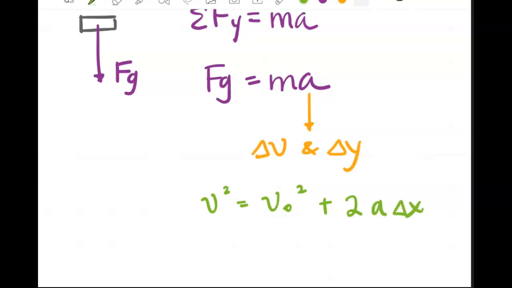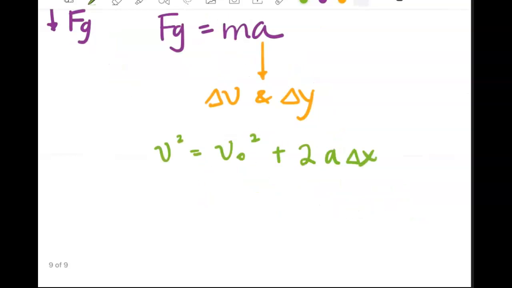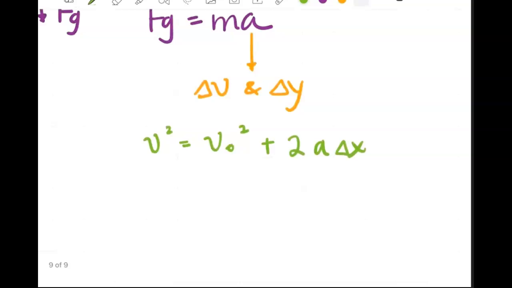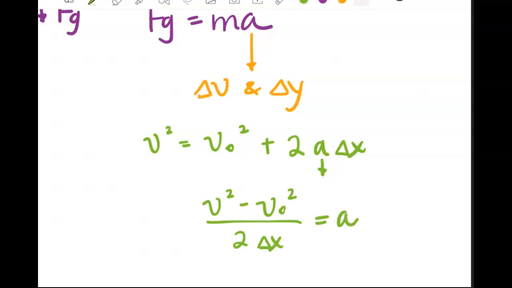And I know that's a delta x and not a delta y, but it means change in position. Okay, so I can define acceleration as being v squared minus v initial squared all over 2 delta x. And that will be my acceleration.